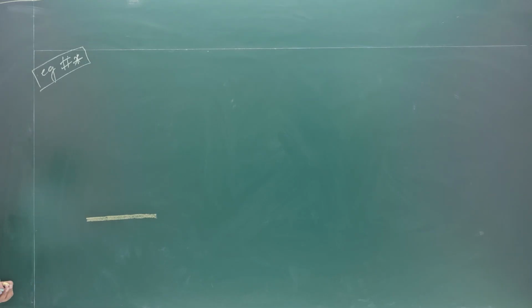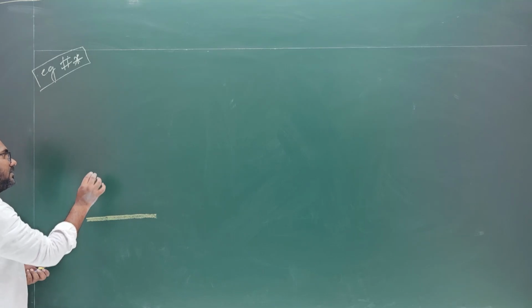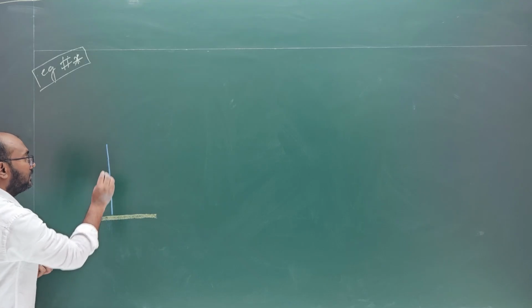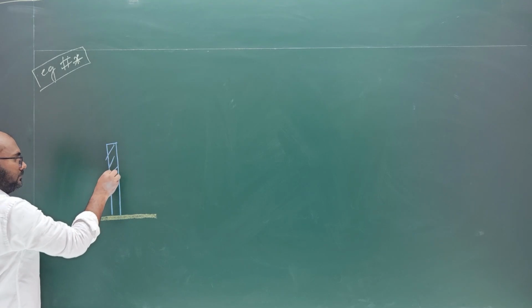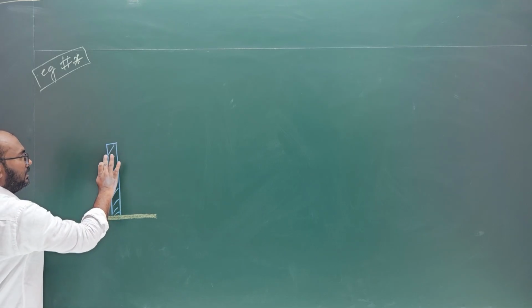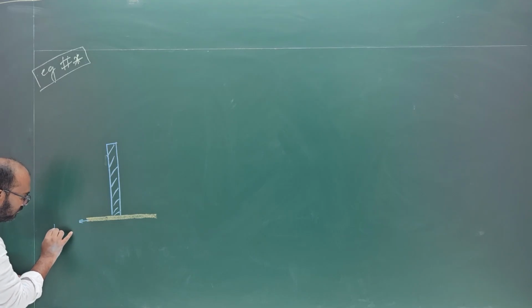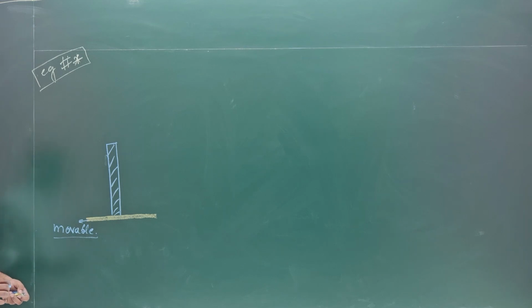a movable surface. It can be moved in the upward direction and it can be moved in the downward direction. On this surface, let's say one tower is there, and this tower is fixed on this movable surface. It can be a lift, it can be anything. Given that, take the values.